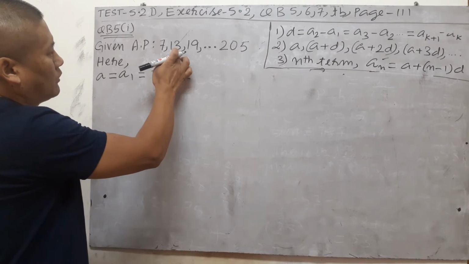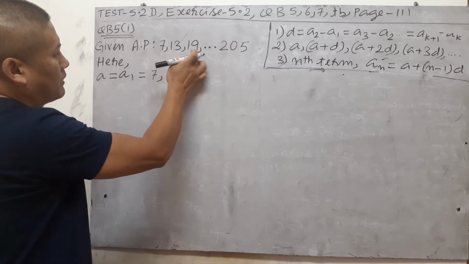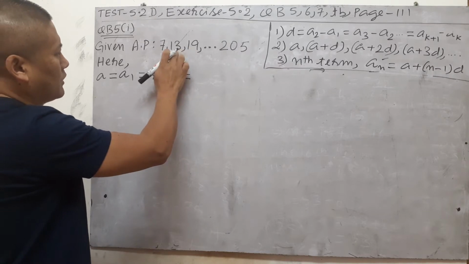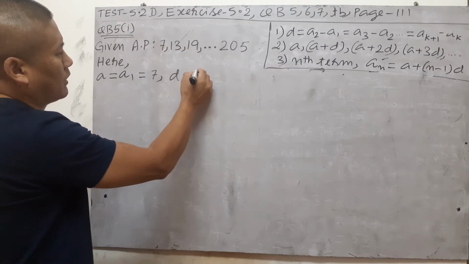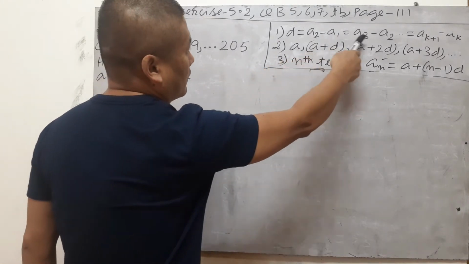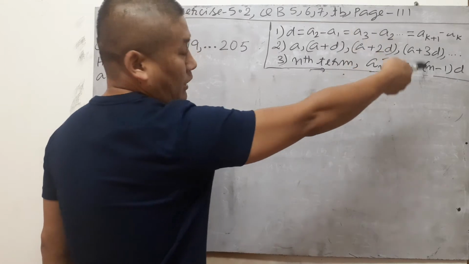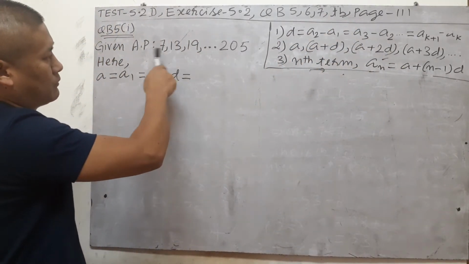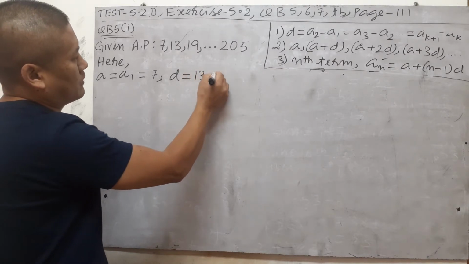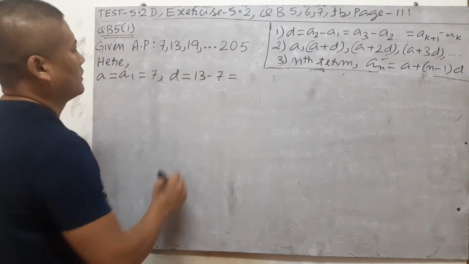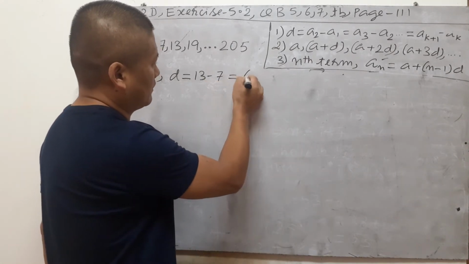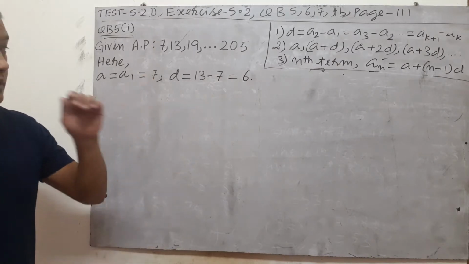So A2 minus A1, back minus front, or 19 minus 13, A3 minus A2, or 13 minus 7, which is A2 minus A1. Any of that will do, as you can see here: A2 minus A1, or A3 minus A2, or A4 minus A3. From the available terms, you can find the common difference, 13 minus 7, which is 6. So the common difference is 6, right?